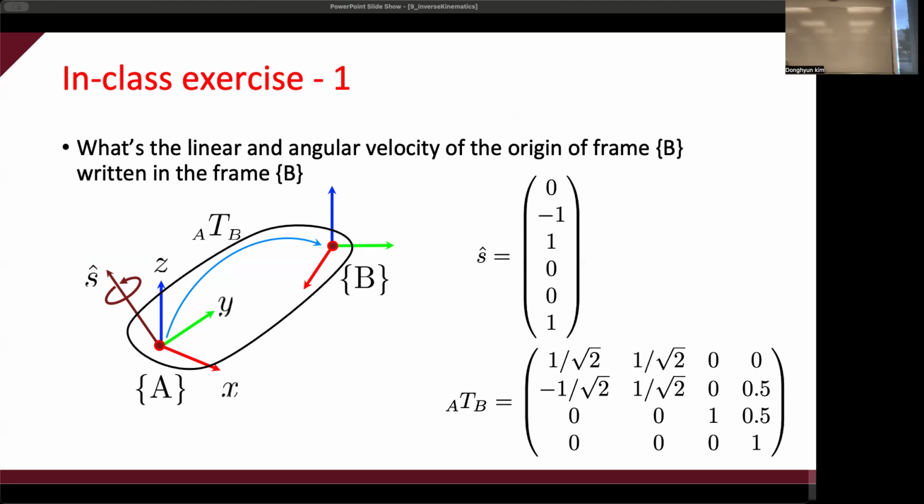I think this is zero and this is, what's this thing? What's the X? Minus X, Y minus Z.